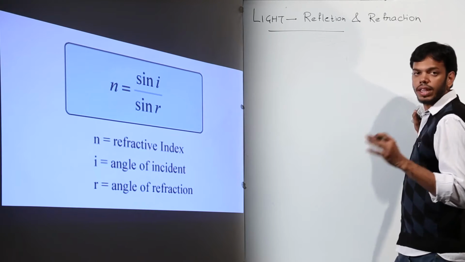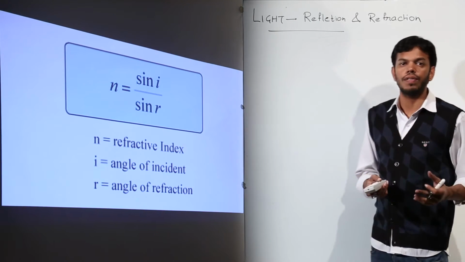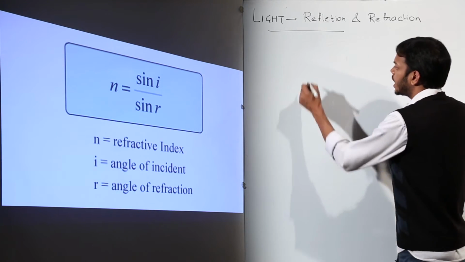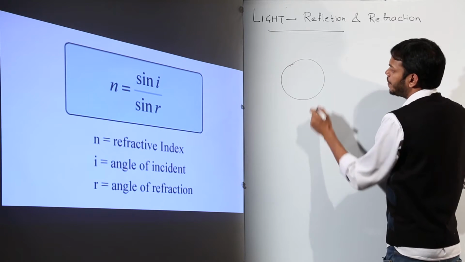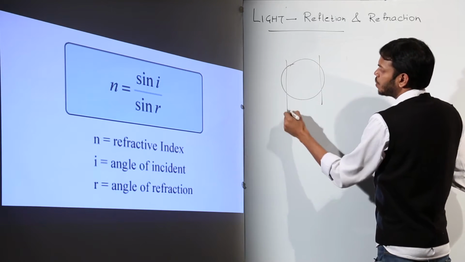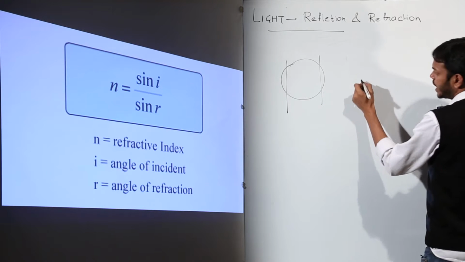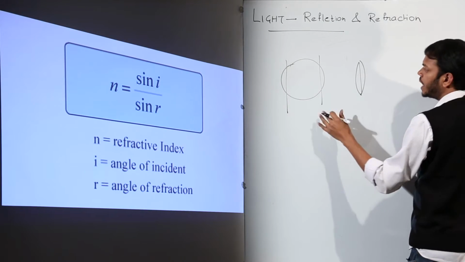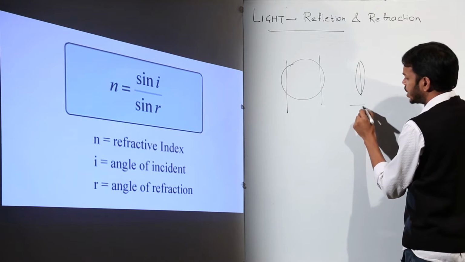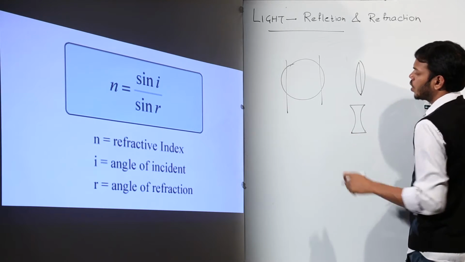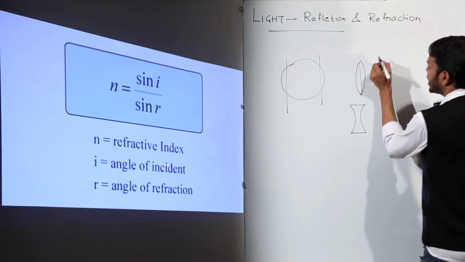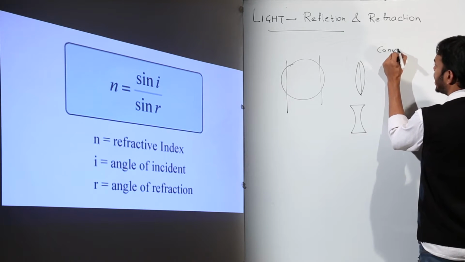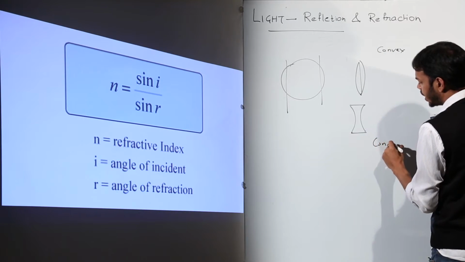And again, the formation of a lens is based on the same fact: take a glass slab, this much portion and this much portion, join them up, and they will become a convex lens. Similarly, if they are joined in the opposite direction, they will become a concave lens. So this is how lenses are formed, convex or concave.